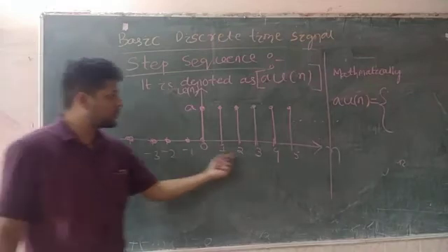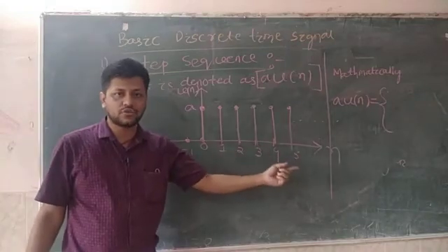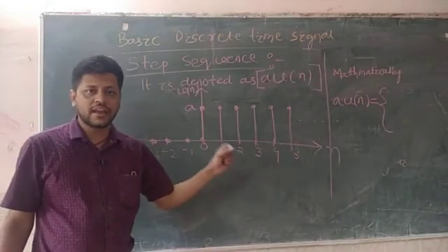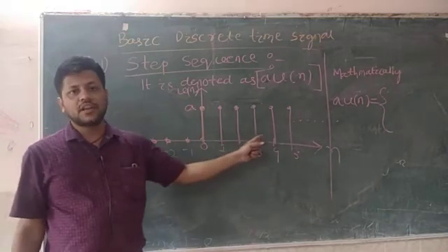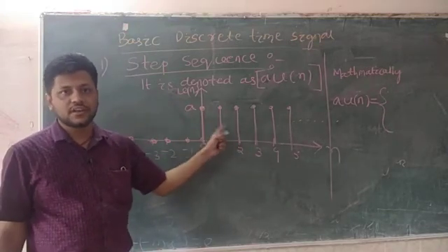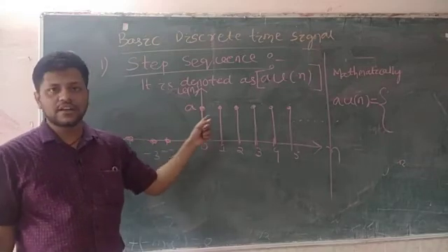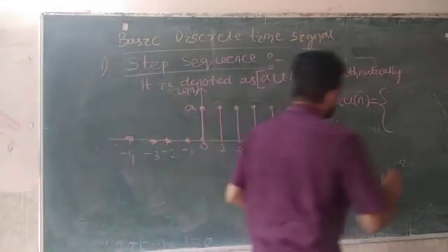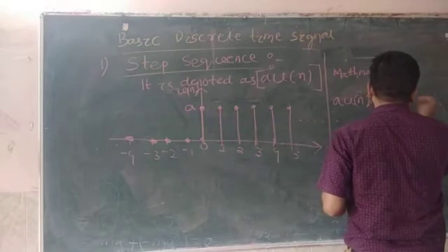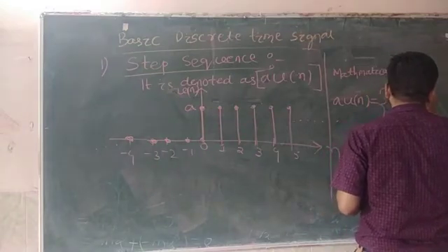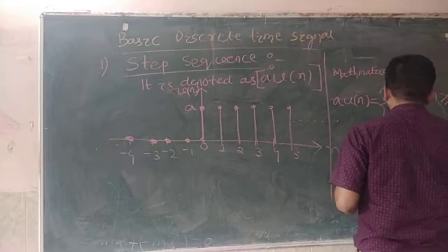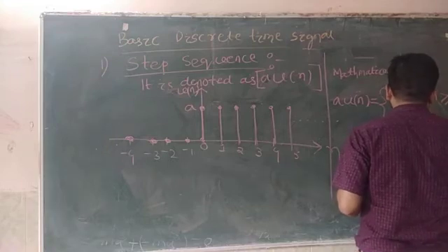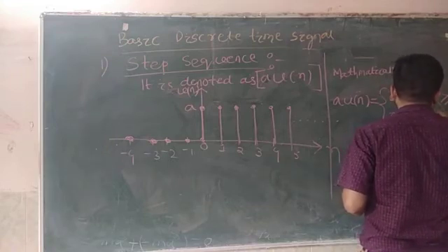But for all the positive time, when n is greater than or equal to 0, mark my word, this unit step signal is defined. This step sequence is defined, and the height is A. So this is equal to A only when the time is greater than or equal to 0. Otherwise, the height is 0.